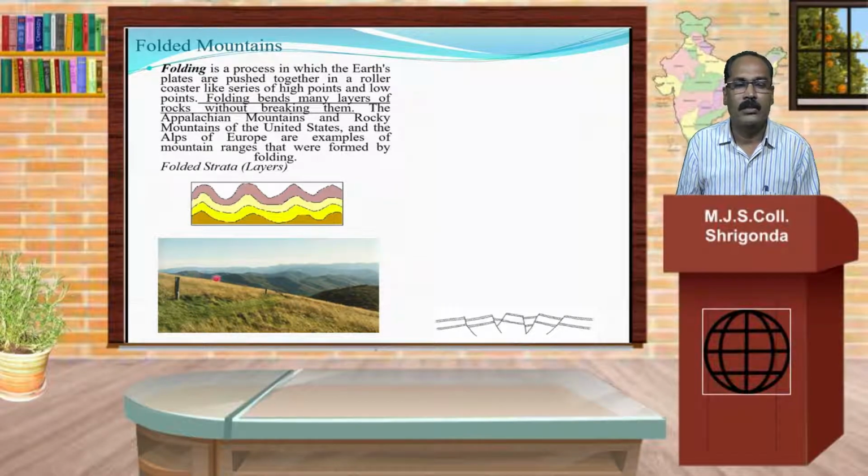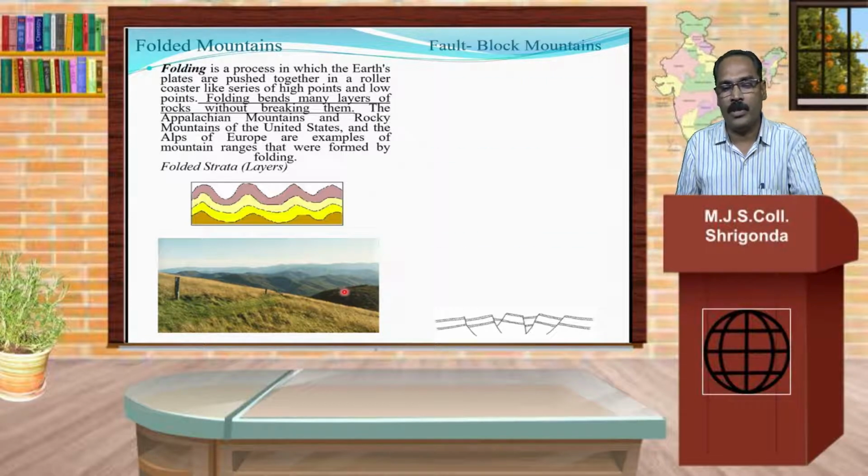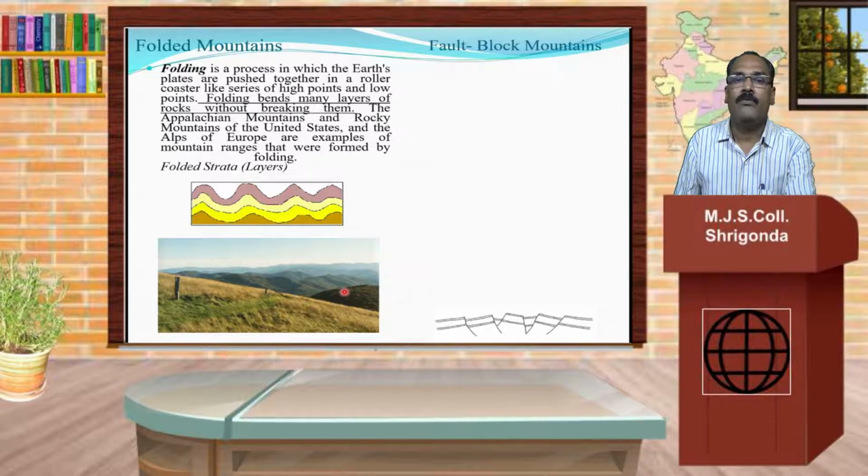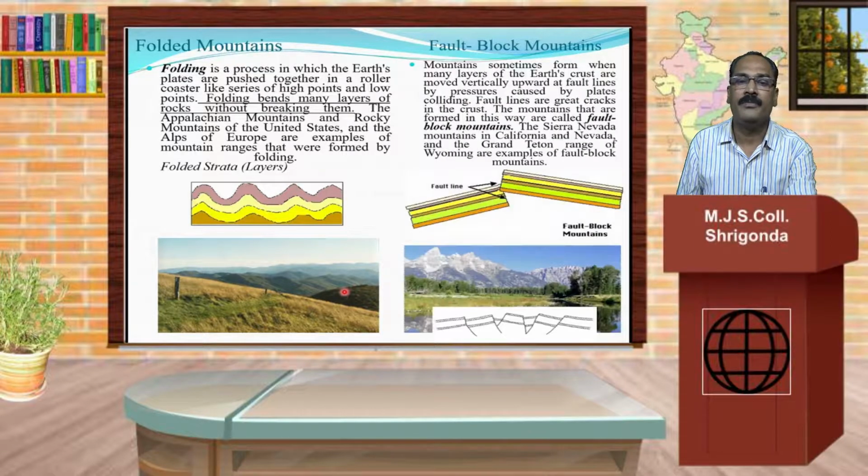This is the wave type of features. Now see the photographs here. Then the fault block mountains.